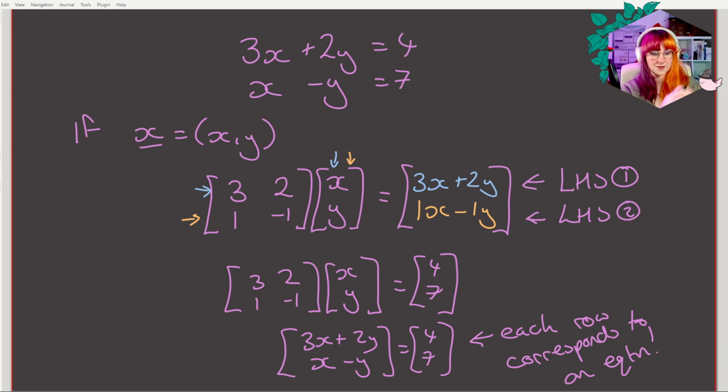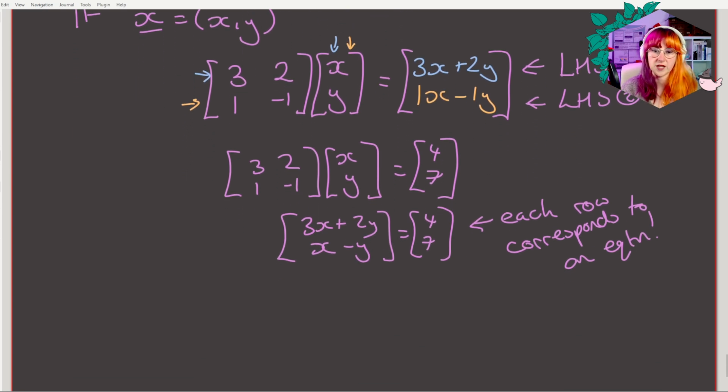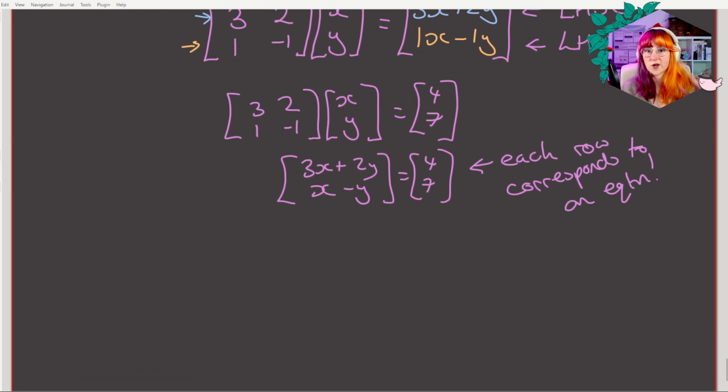So this isn't just a cool way to write them, although it is that, because it's quite nice, especially when you start getting more complicated systems of equations that you want to work with. There is a really useful way to solve this as well.